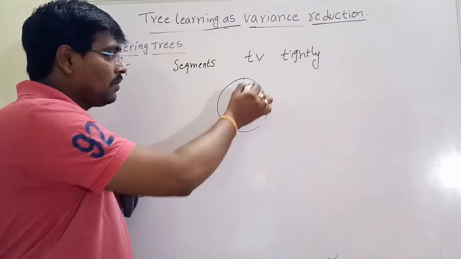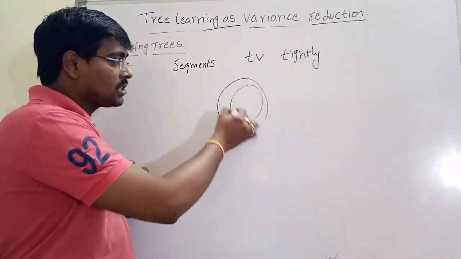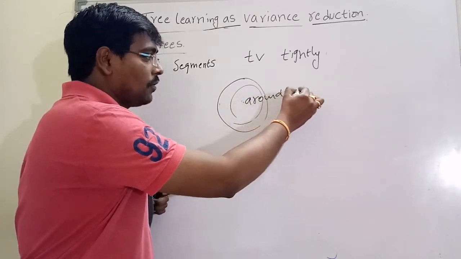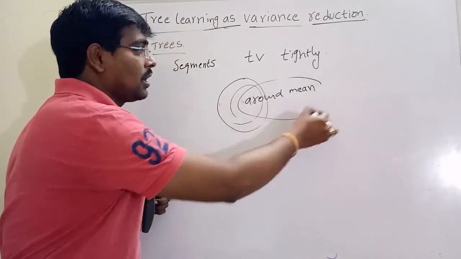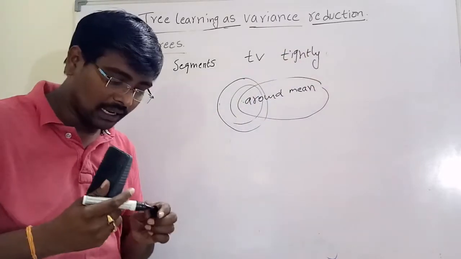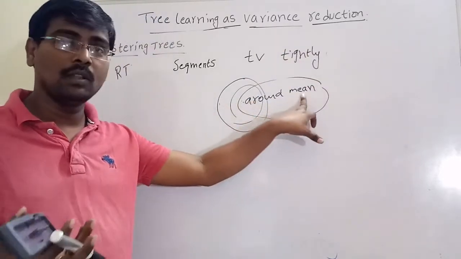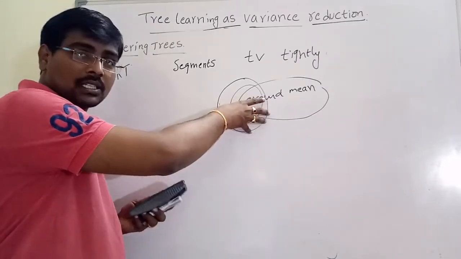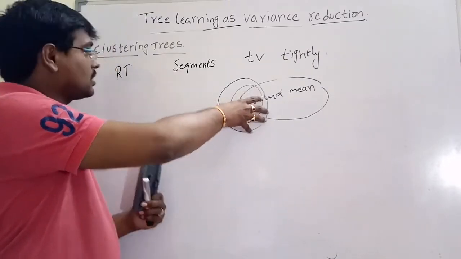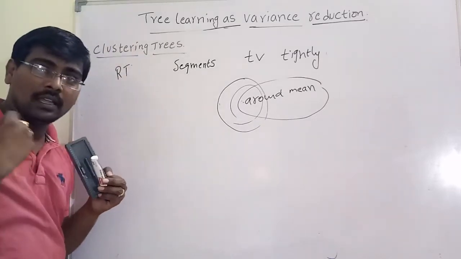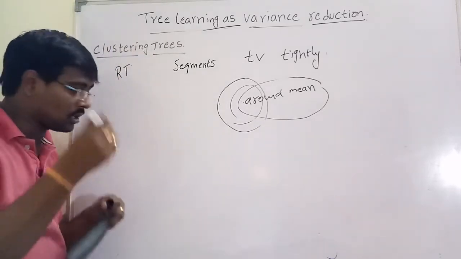The target values are tightly clustered around the mean of the cluster. That means it forms a cluster. That means by using a regression tree, I am constructing a clustering tree.